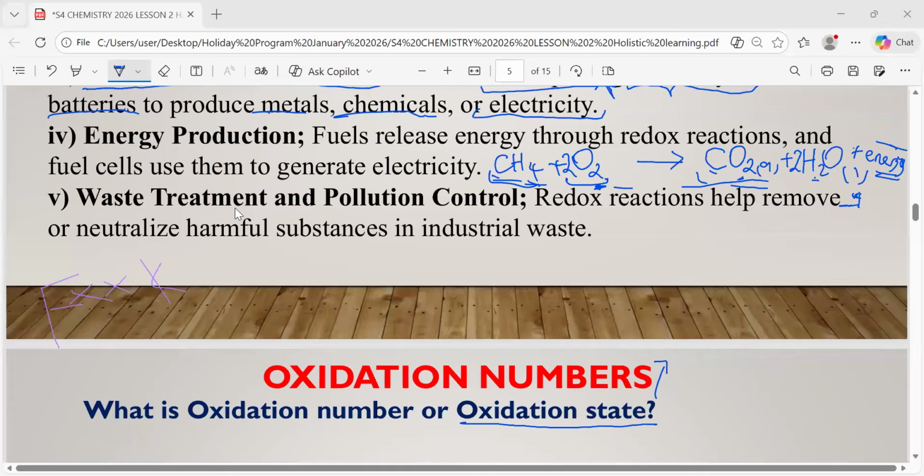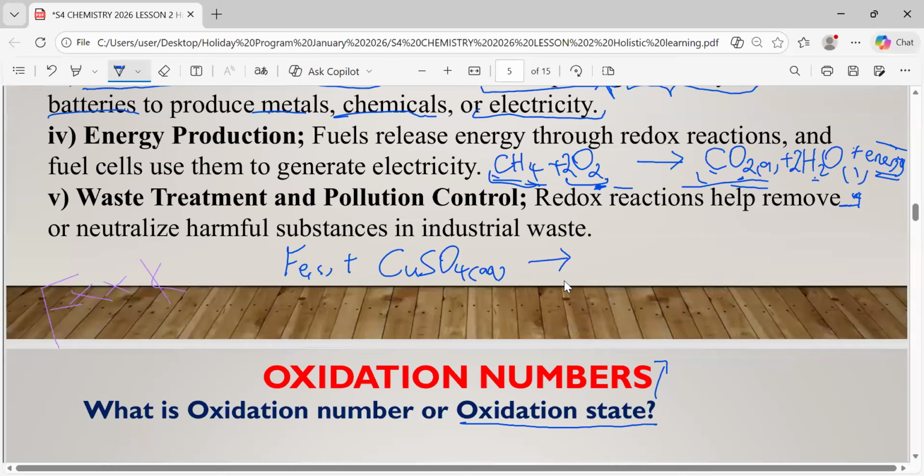For example, if we have iron metal reacting with copper sulfate, aqueous, which product do we get? Josephine? Do you know the products we can get here? Not really. Now, when we know the displacement reaction, it will become very easy for us to guess, even to know the product.